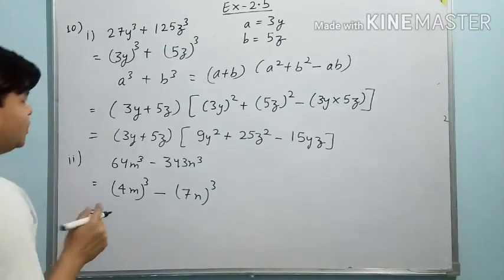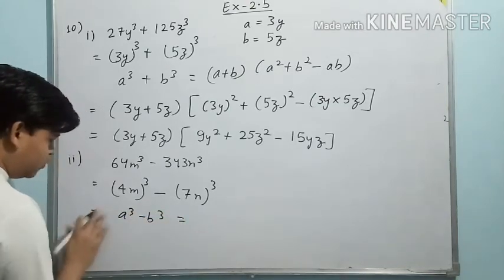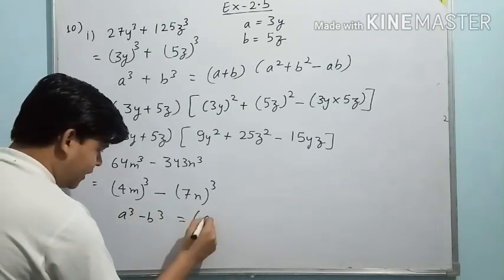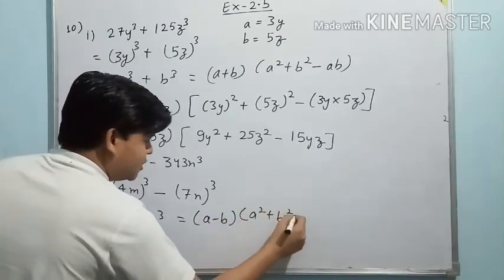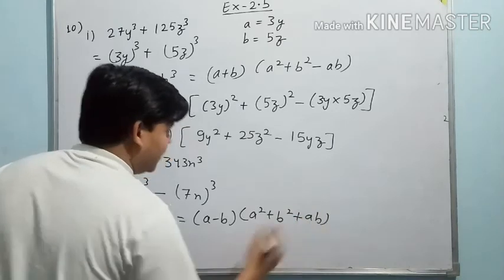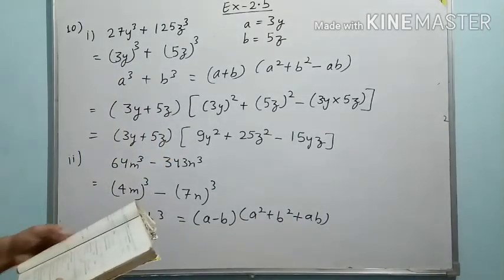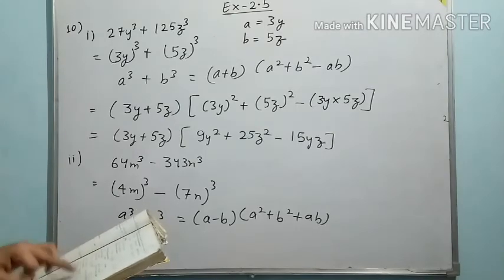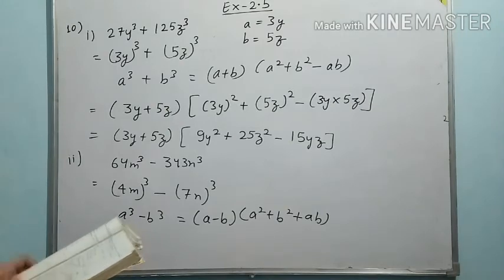So for this you will use a cube minus b cube is equals to a minus b, and in bracket we have a square plus b square plus ab, right? So these two identities are also given in question number 9. Both the identities are given there, so you can use them to solve the questions.